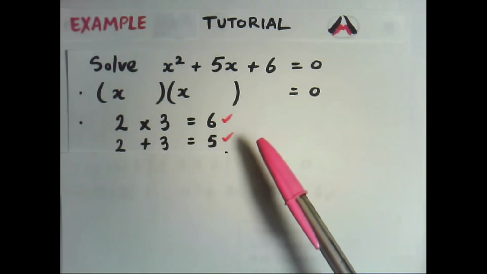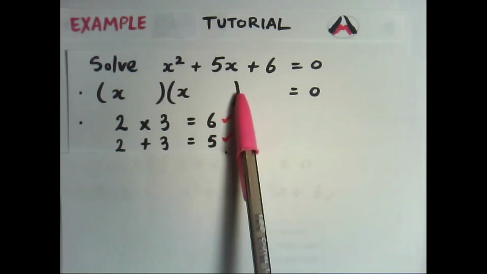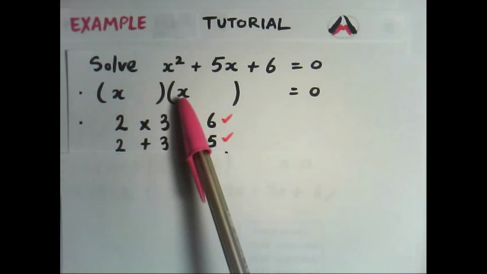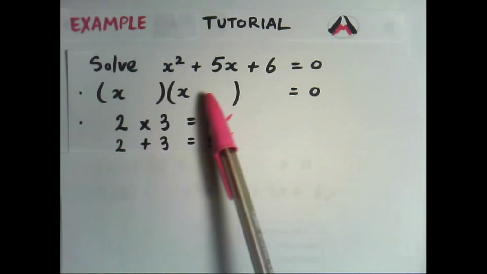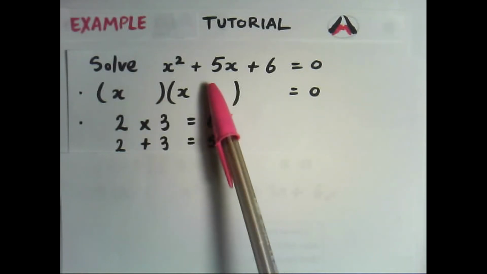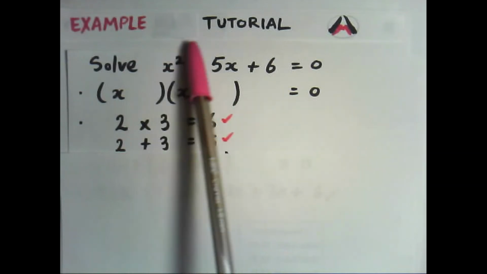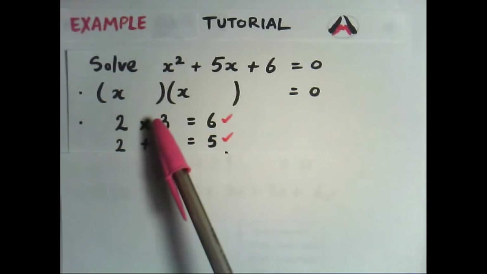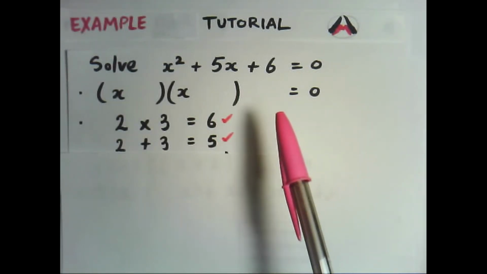You also want to explore whether it's going to be a positive 2 and a positive 3, or a positive 3 and a positive 2. The reason why you need to think about positives and negatives in front of the numbers is just in case you can see a negative in the quadratic equation that you have. In this particular case, we don't have any negatives there, so we're probably going to put positive 2 and positive 3 as our answer there.